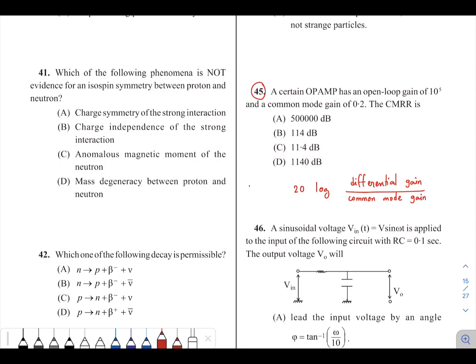CMRR is equal to 20 log base 10 of the differential gain divided by the common mode gain. So in our case this is equal to 20 times log base 10 of 10 to the power 5 divided by 0.2. If you calculate it, it's around 114 decibel. So option B is the correct answer.